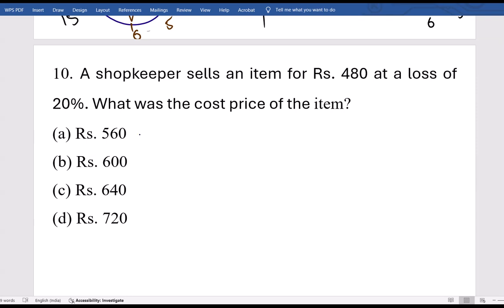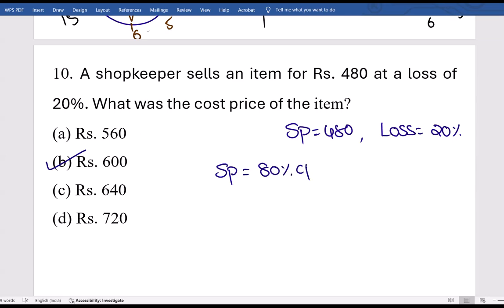Selling price is 480. Loss is 20%. Cost price? Answer: 600. When there is a loss of 20%, the relation between selling price and cost price is that selling price is 80% of cost price.